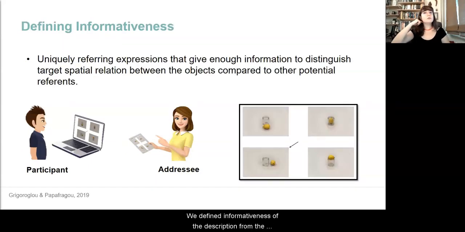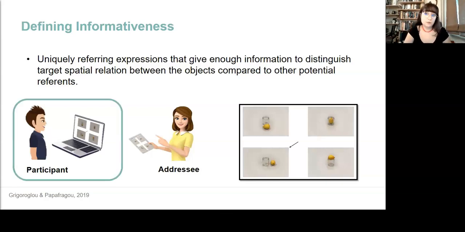We defined informativeness of the description from the perspective of the participant. We focused on whether the information conveyed in the participant's description provides uniquely referring expressions that distinguish the spatial relation in the target picture compared to other potential reference pictures in one display. Moreover, in our definition, we are agnostic to whether this is picked up by the addressee or not.